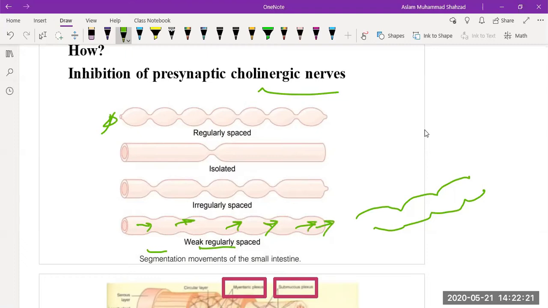Whereas in regular spaces there is peristaltic movement, just like a regular phase, and the food cannot pass very quickly. It moves with a certain fixed ratio or fixed time.